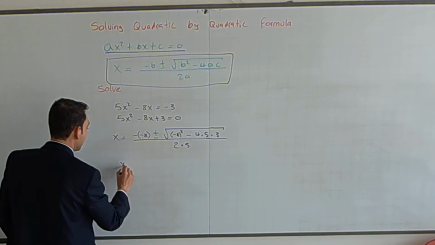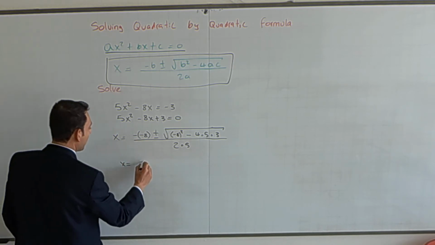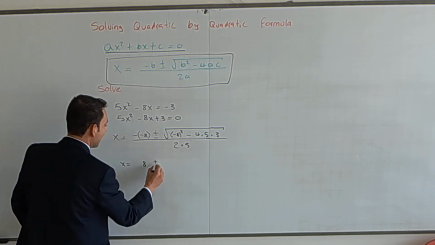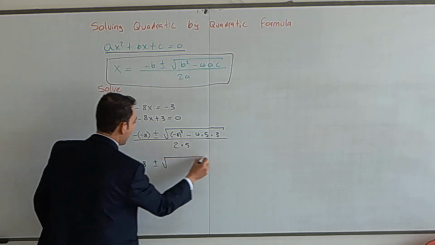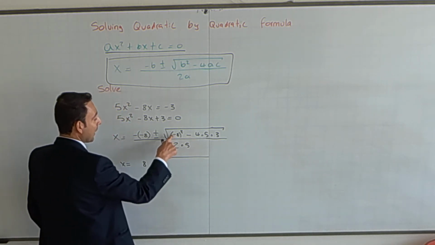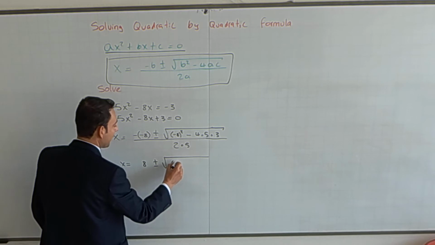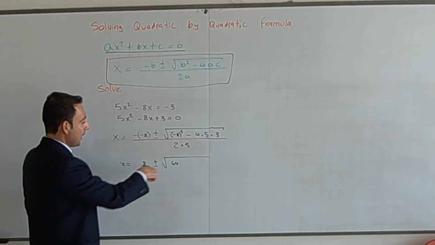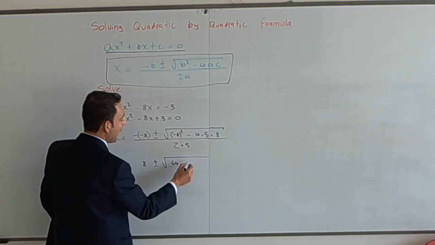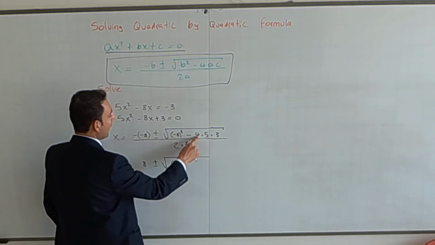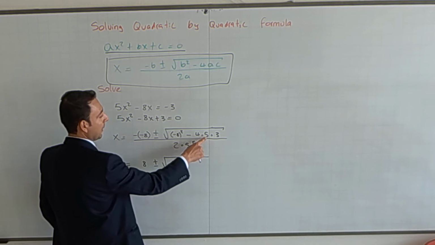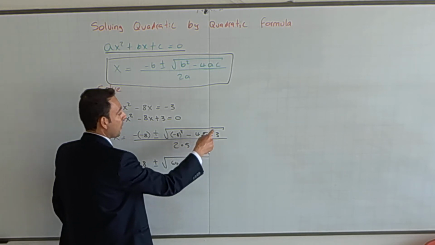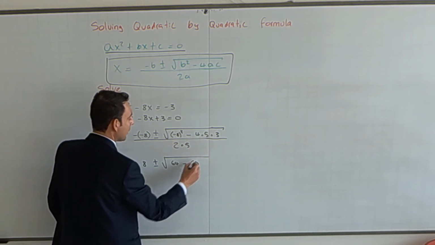Then x is equal to negative and negative, here is positive 8, plus and minus the square root of negative 8 squared, which is negative 8 times negative 8, and that's 64. Minus 4 times 5 is 20, times 3 is 60.